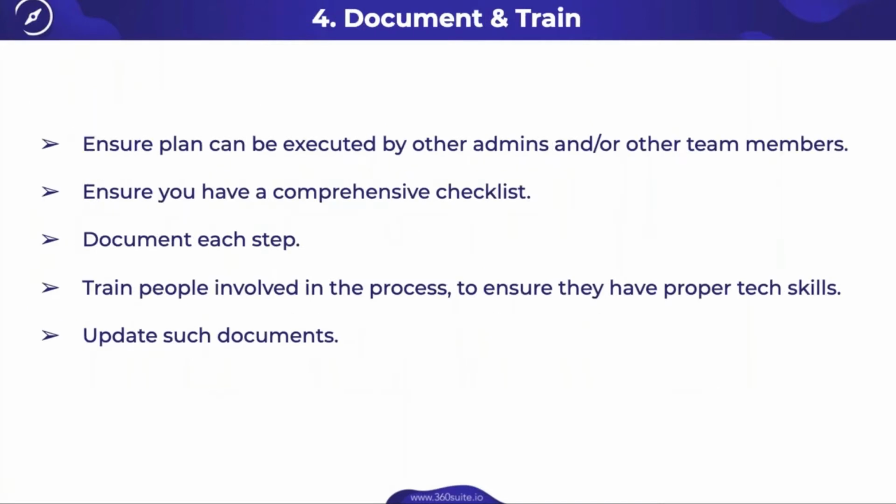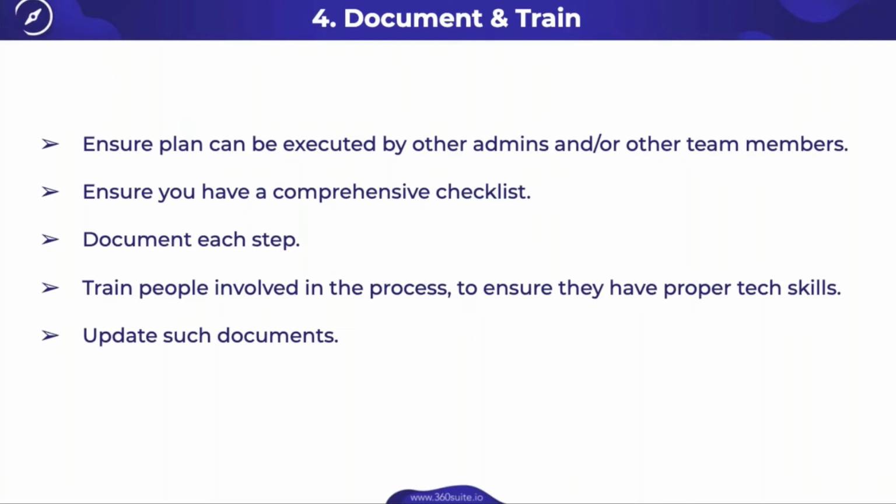Step number 4 is, as usual in any contingency planning or any process like this, that you need to spend the time to document all your processes and all your procedures, and make sure that you train all the team members. For example, if on the day it happens the admin is not available, how is it going to happen?